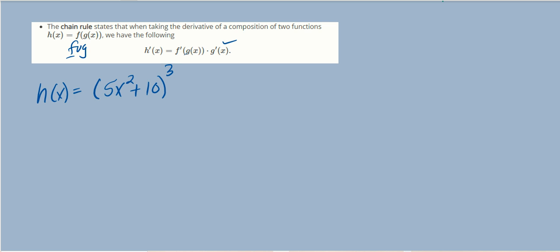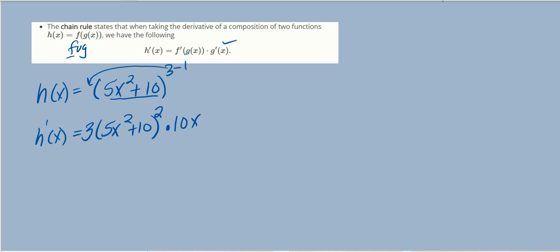If we wanted to find the derivative using the chain rule, or aka the power rule, depending on what book you have, we would bring the 3 to the front. So that would be 3 times (5x squared plus 10), and then we subtract 1 from the exponent, which gives us squared. Then we also need to take the derivative of what's on the inside. The derivative of 5x squared plus 10 is 10x.